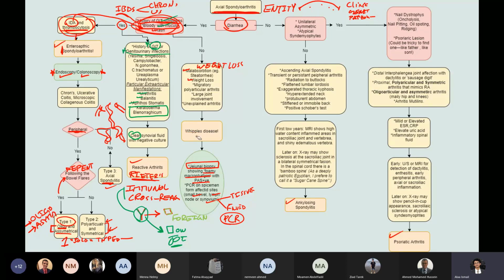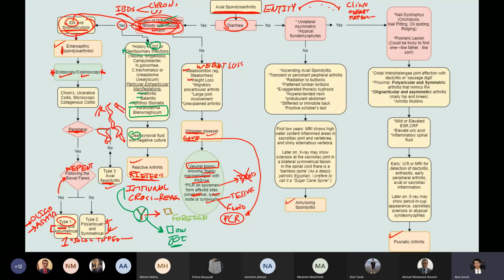Whipple's disease is elicited by a gram-positive organism, and you're going to look for that organism by PCR in specimens from the tissue, fluid, or small bowel. And if you're very alert, I didn't say blood, because usually the blood sample is not that effective for PCR testing for Whipple's disease.